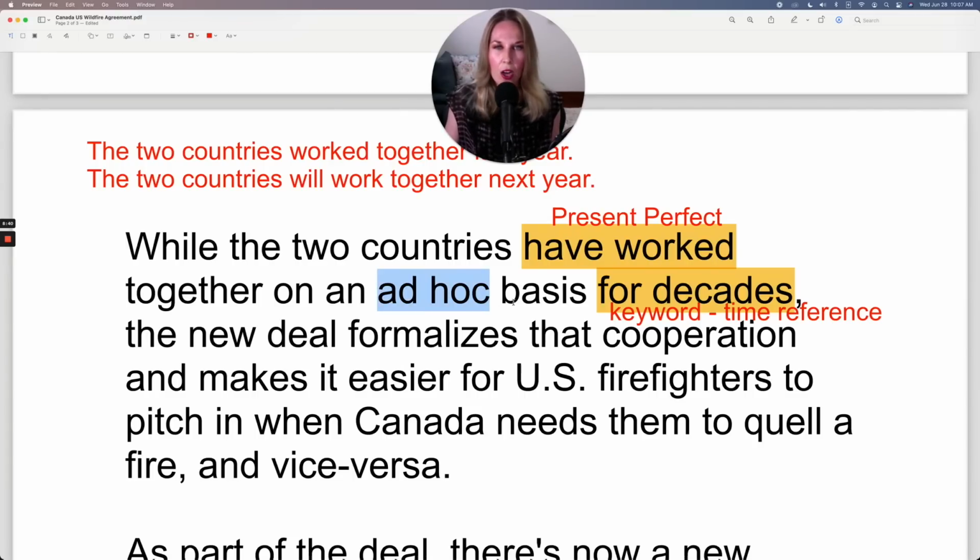What does ad hoc basis mean? First of all, the expression is all of this, on an ad hoc basis. This means as it happens. So there is no agreement previously determined.